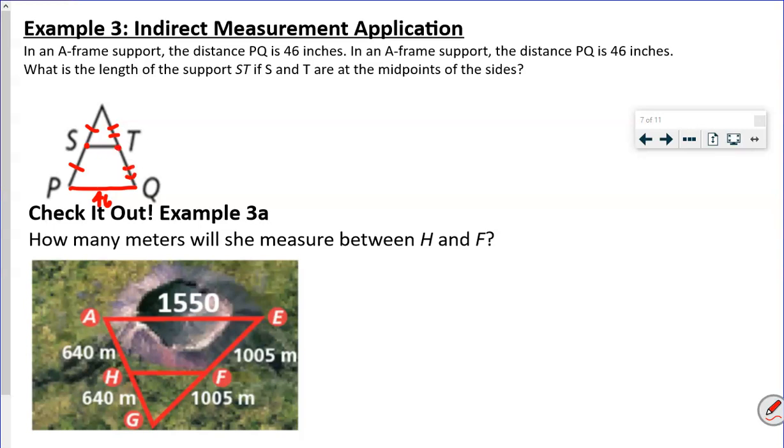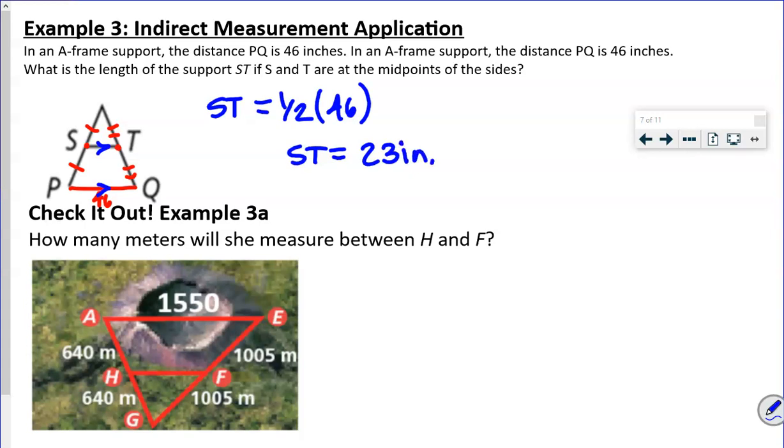So that segment up there has to be half, right? ST is equal to 1/2 of PQ because they're parallel sides. So it's half of 46, so ST is equal to 23 inches. Remember, if their sides are parallel, then if we'd had a midpoint down here, it would have cut this in half, and that would have been 23. All right, check it out.